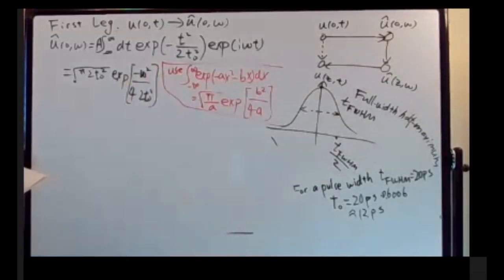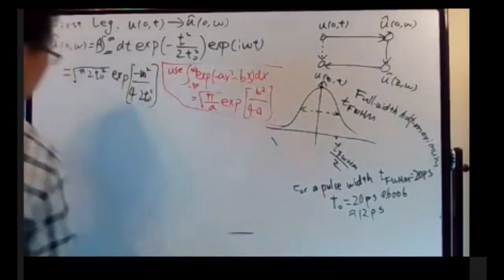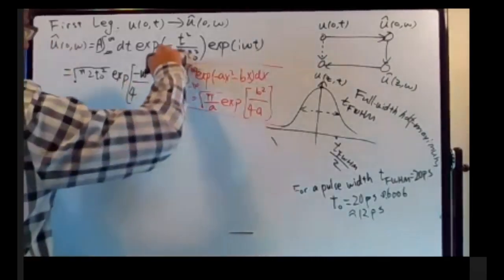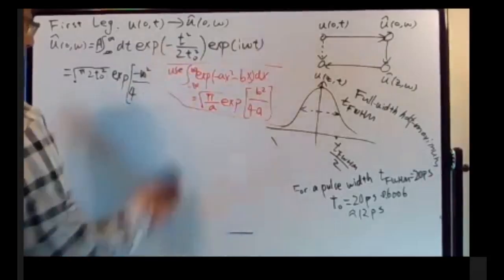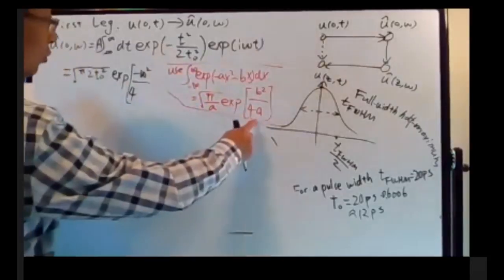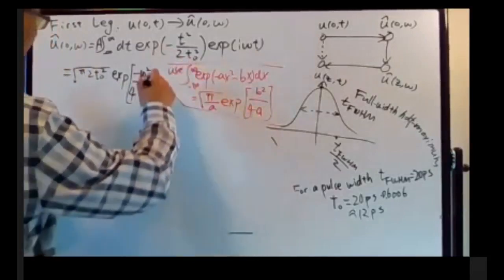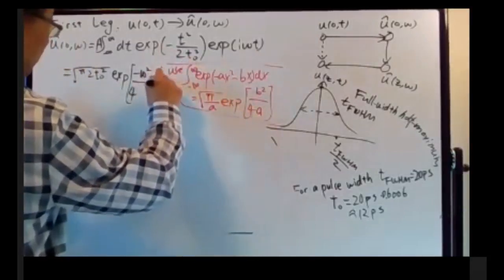And then A is 2 t naught squared, so 2 t naught squared is on the numerator, because it's 1 over A.